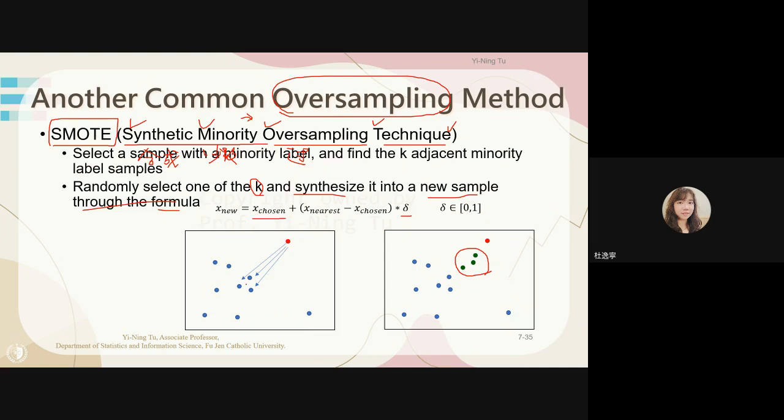Yeah, so we will make these three chosen and we will make the chosen one. Chosen one is the red one, and nearest is just these three green.